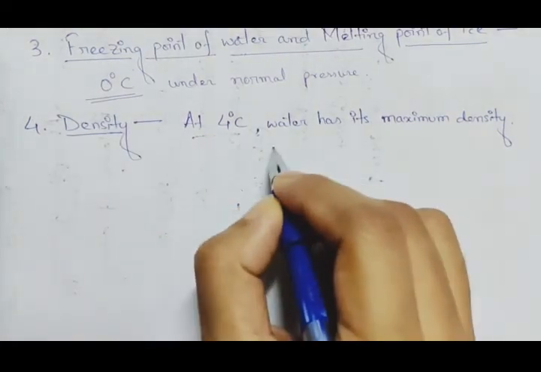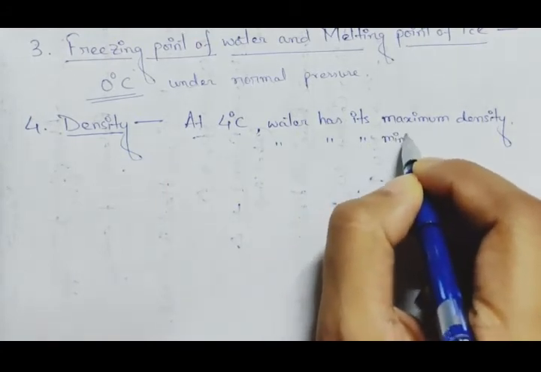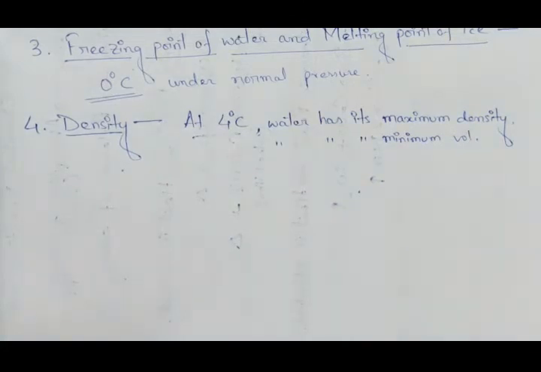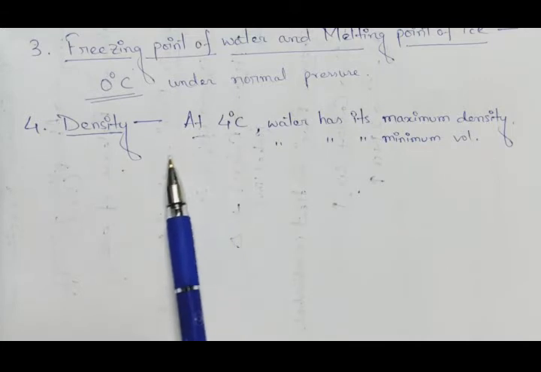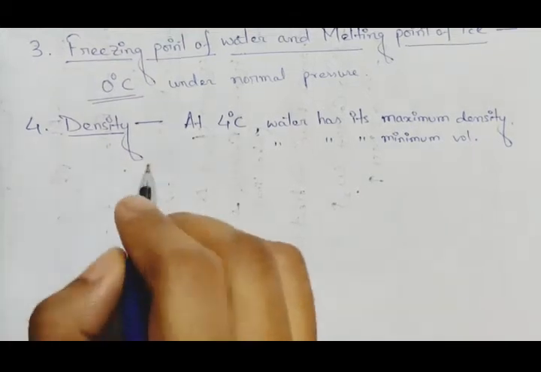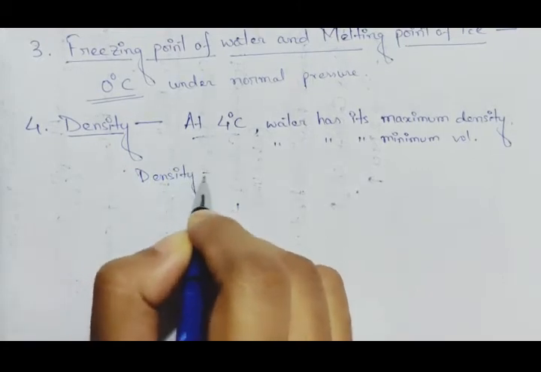At 4 degrees Celsius, water has its minimum volume. If we further decrease the temperature up to 0 degrees Celsius, in that condition water starts freezing. This is the reason that ice floats on water. We know that density is equal to mass by volume.